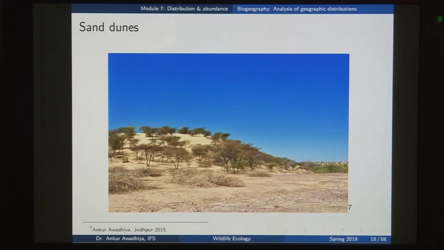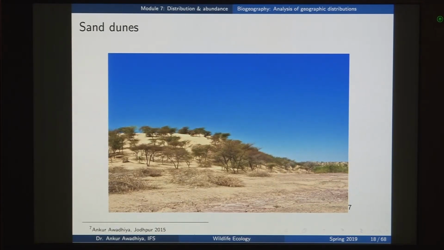Otherwise, the sand dunes typically do not support a very large number of trees, and the sand is very friable, it moves from place to place, and again here the amount of moisture that is available for supporting life is very less, and there would be very great amount of adaptations to severely constrain the amount of water that is being lost, or to reduce the requirement of water per day.